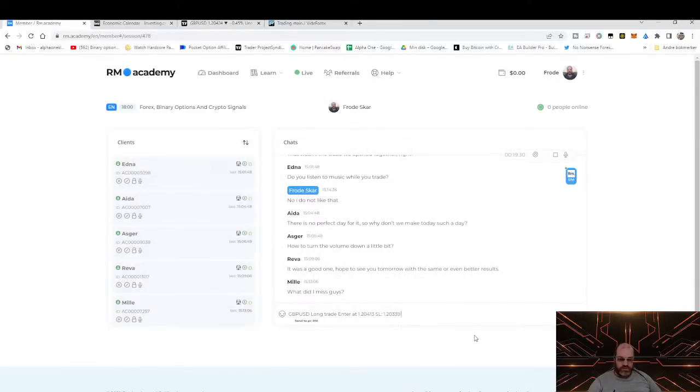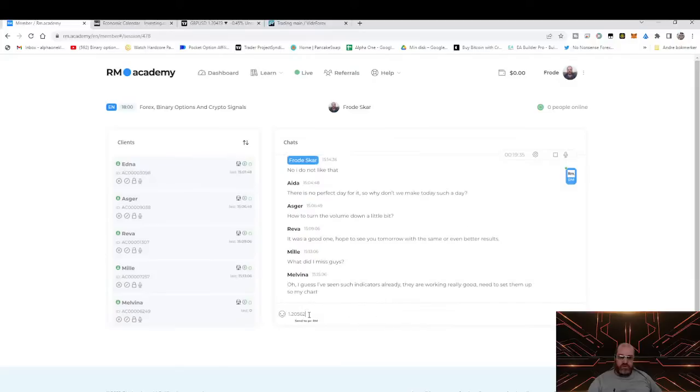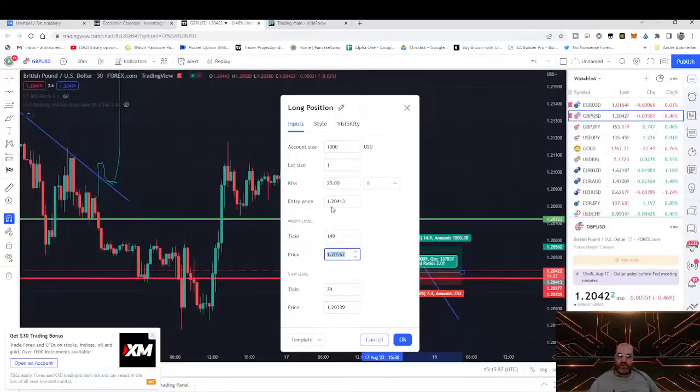I will take this trade myself also. What I did now. GBP USD long trade. Enter at, hate when I push wrong, this level here.